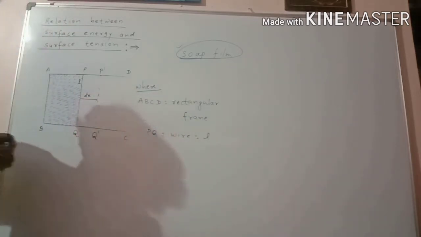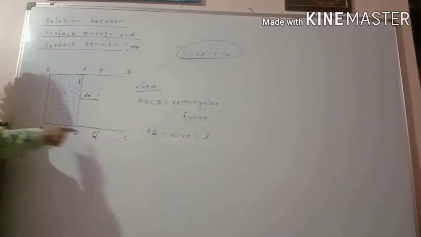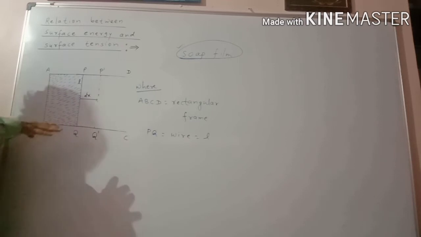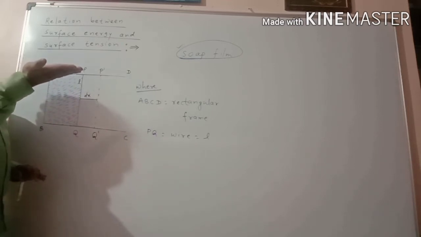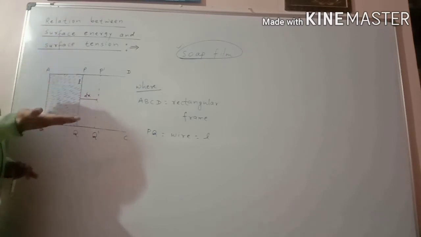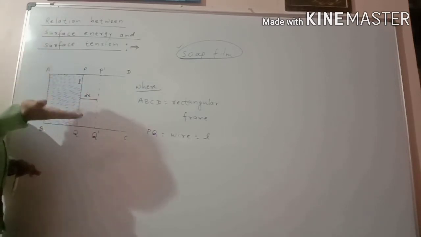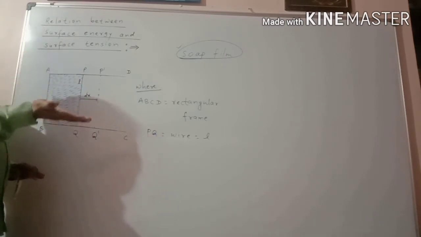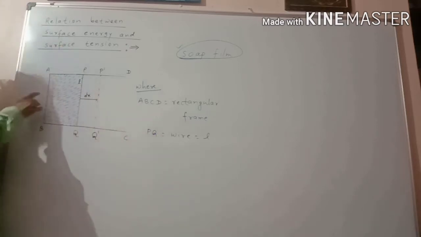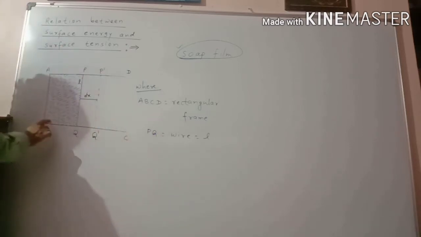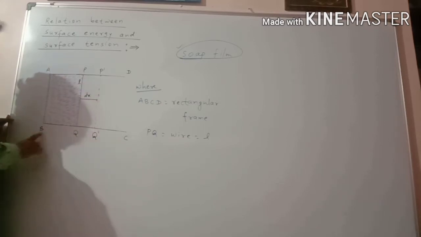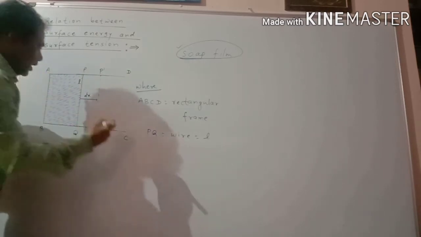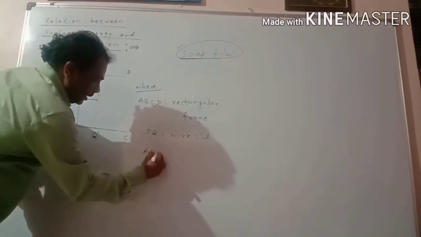Now see here, ABCD is a rectangular frame. Take this frame in a horizontal manner and dip it into the soap solution. After dipping in the soap solution, take it out. After taking out this rectangular frame, one soap film is produced; that is APQB is the soap film.